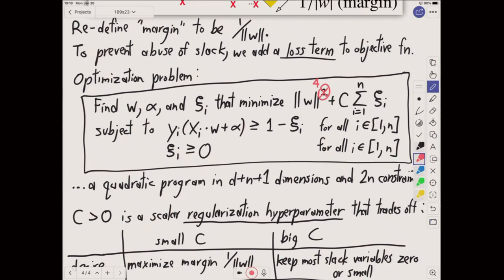That would differentiate how the algorithm treats small values of W versus big values of W. I'm not sure it would give you a very big difference. In fact, once you tune the hyperparameter C, it might make very little difference. But you could do that.